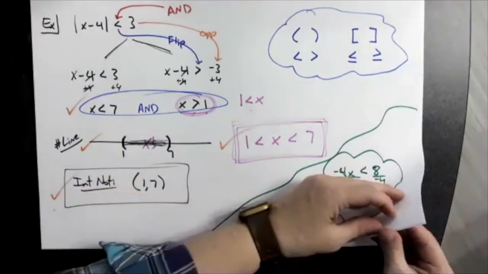Okay, now let's beef it up quite a bit here. Let's suppose we've got absolute value bars that are not isolated.